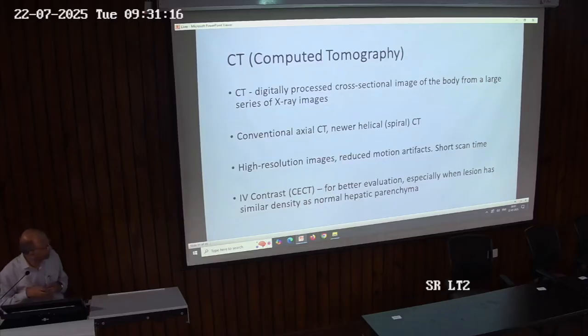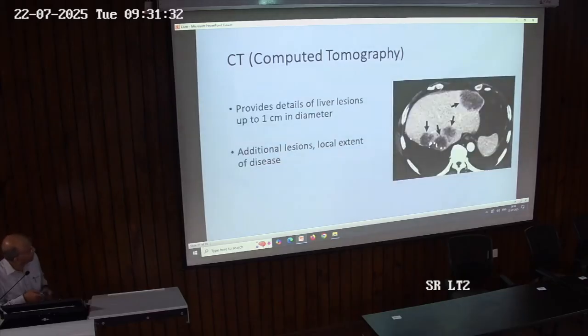Sometimes we have to do the CT scan after instilling contrast for better evaluation, especially where the lesion has a similar density as compared to normal hepatic parenchyma. So you can see here, that's a CT image.